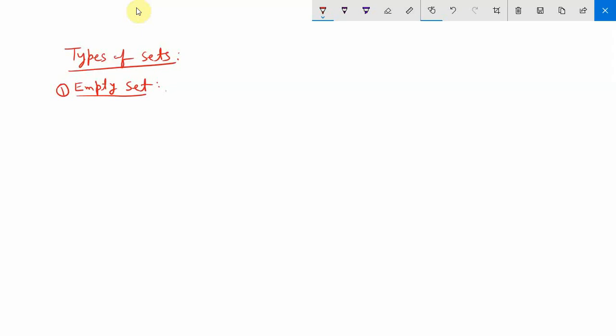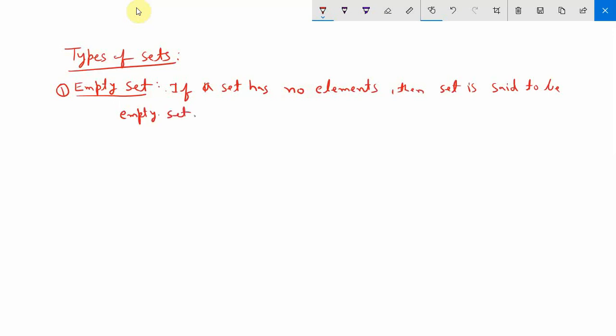Okay, so a set is said to be empty if it has no elements, then the set is said to be an empty set or null set or void set.